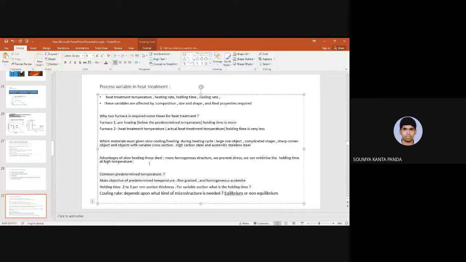If you are doing a very slow rate of heating, then the holding time at high temperature can be minimized. As I told, the predetermined temperature and holding time are somewhat inversely proportional. So finally, what is the common predetermined temperature for a steel? Who can answer? What is the common predetermined temperature for a steel?